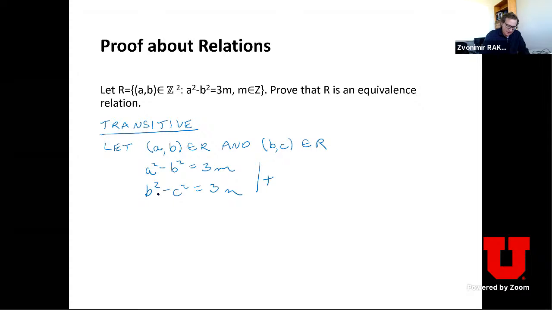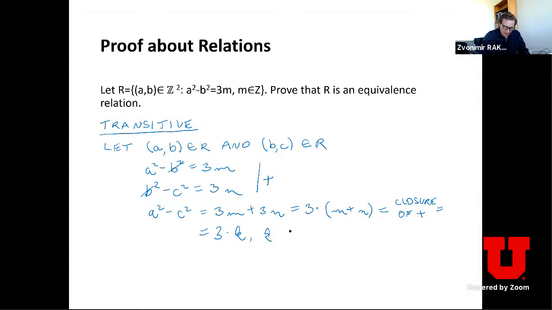If we add this up, B's cancel, and we get A squared minus C squared is equal to 3M plus 3N, which is equal to 3 times M plus N, and that is equal to, by closure of plus, 3 times K, where K is an element of Z. And therefore, A comma C is an element of R. So that finishes the transitive proof.